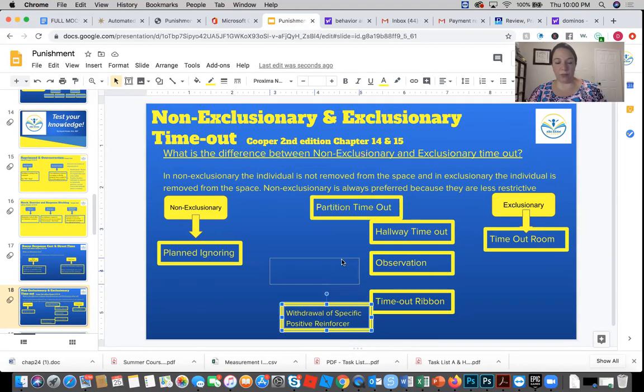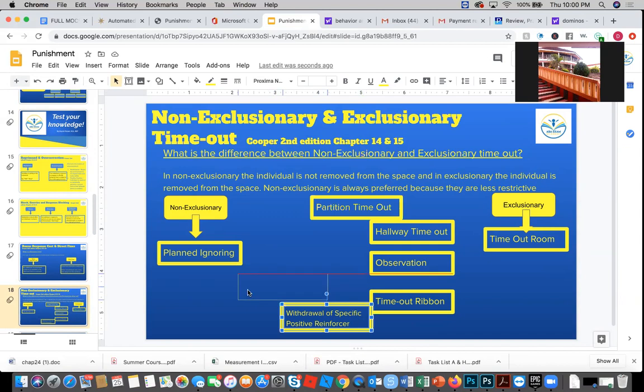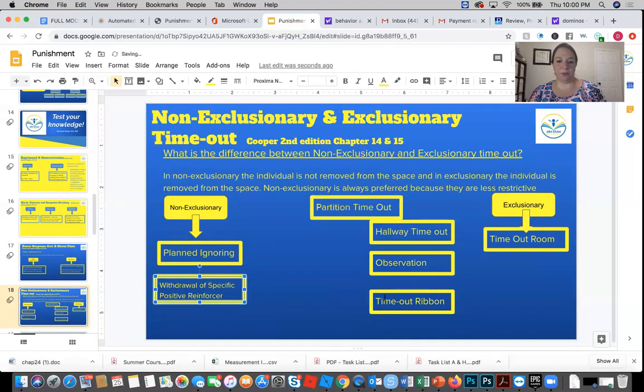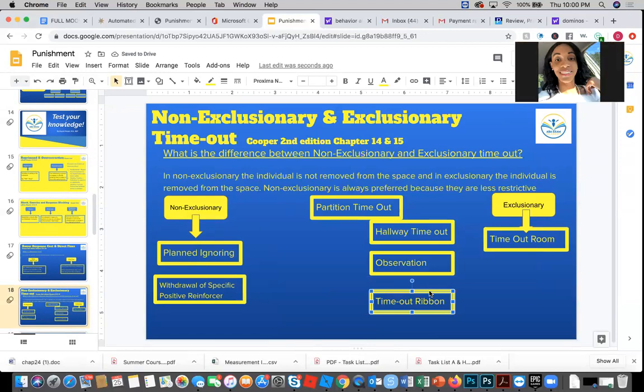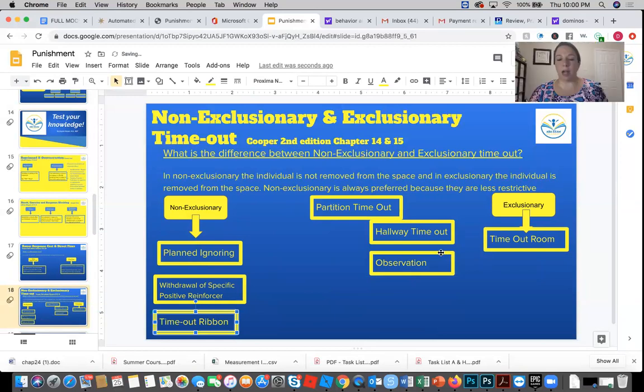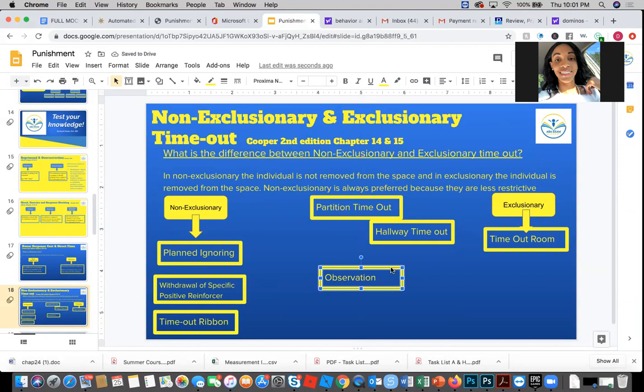Does everyone agree? Yes. Non-exclusionary. All right, timeout ribbon. Non-exclusionary. Correct. How about observation? Non-exclusionary.